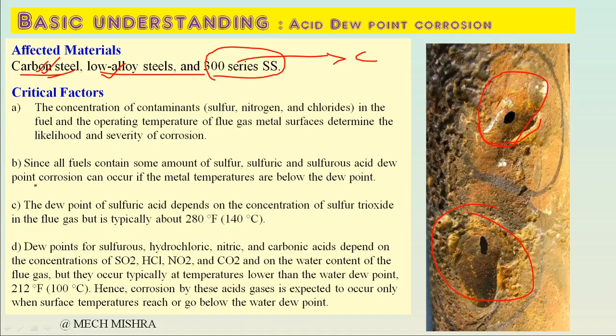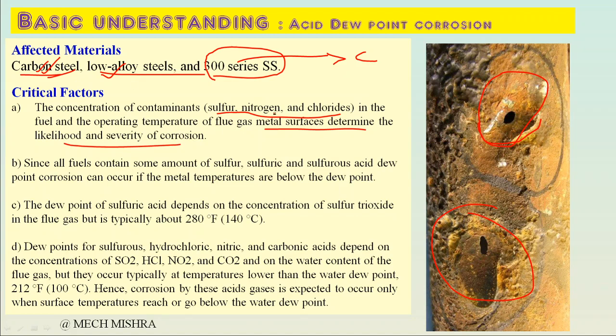So what are the critical factors? The critical factors are the contaminants in the stream which can form acid. The concentration of contaminants like sulfur, nitrogen and chloride in the fuel, and the operating temperature of the flue gas metal surface, define the likelihood and severity of the corrosion. If we maintain above the dew point, we are safe.